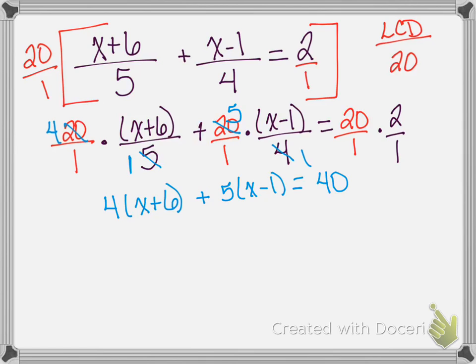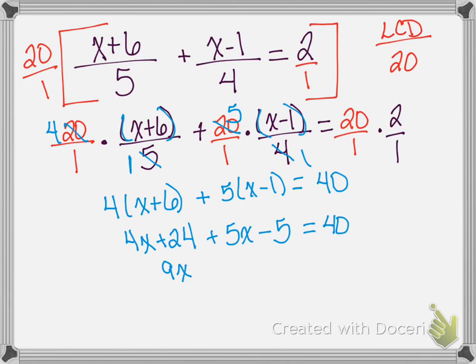Okay, I've got to distribute first. 4 times x is 4x. 4 times 6 is 24. That distribution is why it's important to go ahead and put these things in parentheses. Okay, 5 times x is 5x. 5 times negative 1 is negative 5, equals 40. 4x plus 5x gives me 9x. 24 minus 5, so we're going to say 24 plus negative 5.